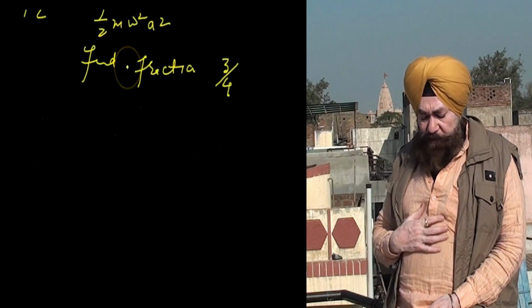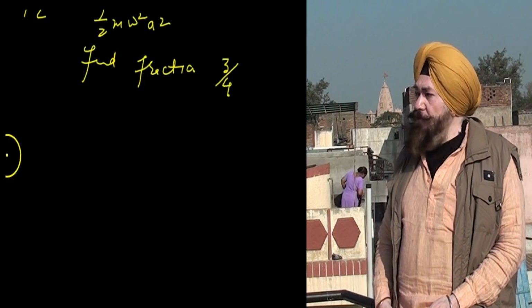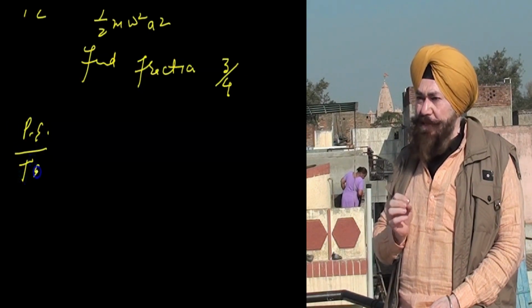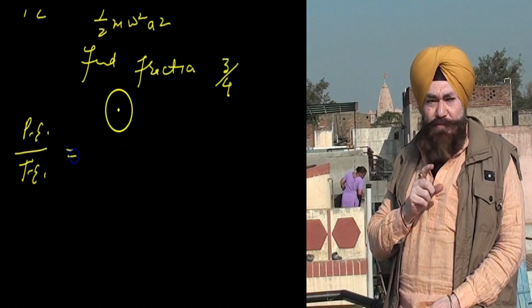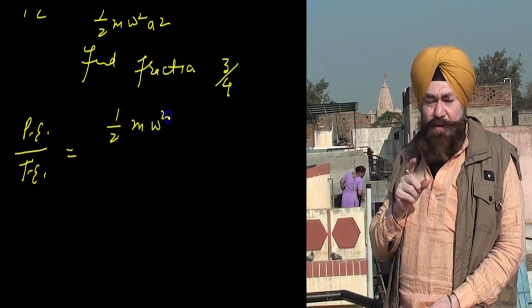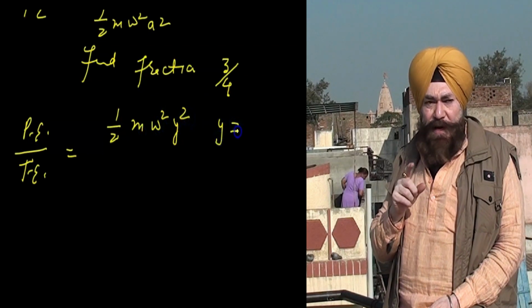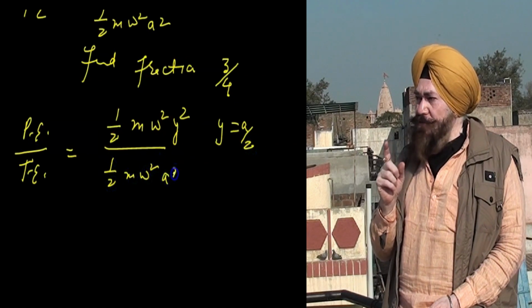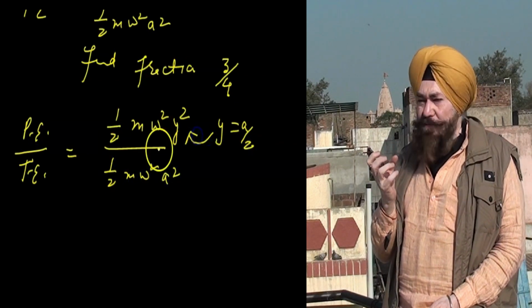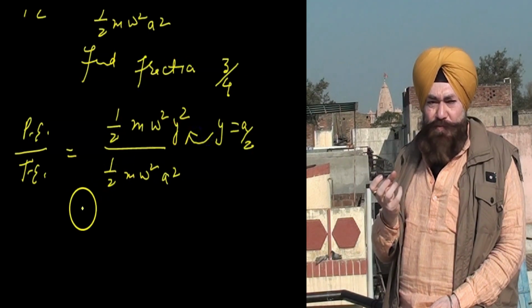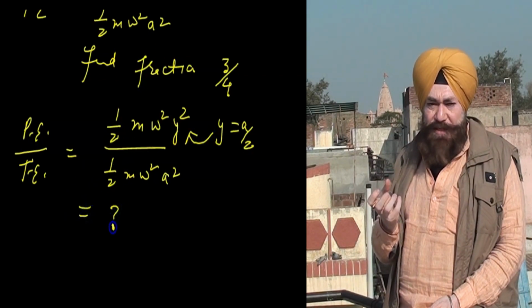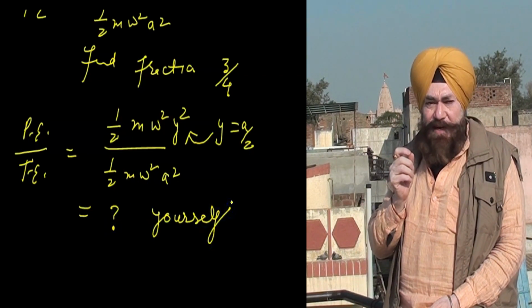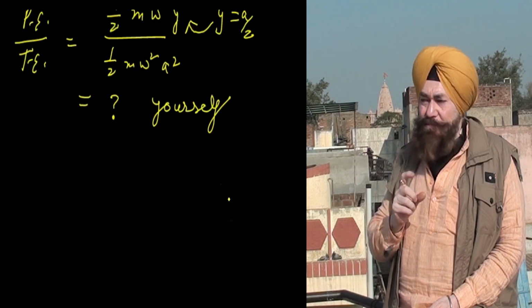Then they can ask you what fraction of the total energy is the potential energy. Very simple. You apply the formula of the potential energy, half m omega square y square, divided by half m omega square a square, and in the numerator you put y equals a by 2, and then you find what fraction the potential energy is of the total when the particle is exactly at the midway of the amplitude.